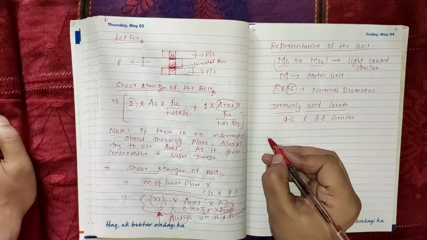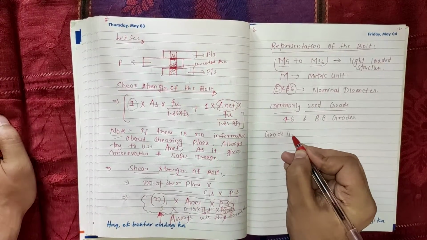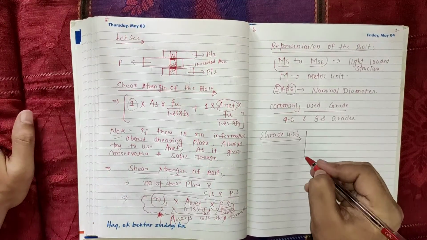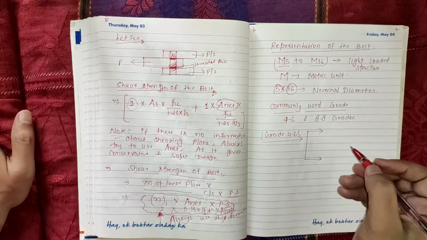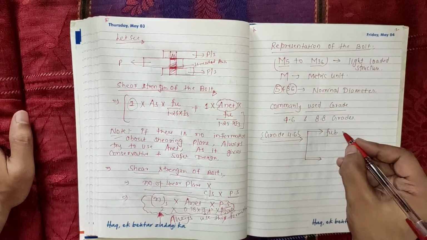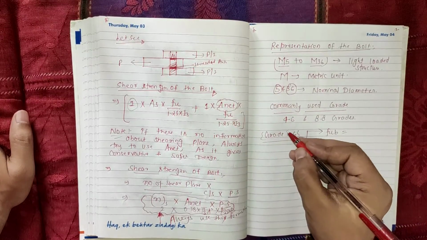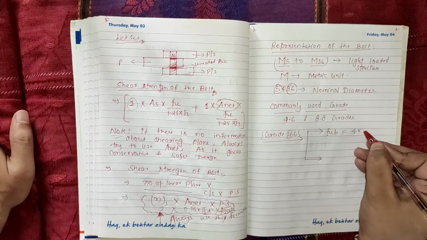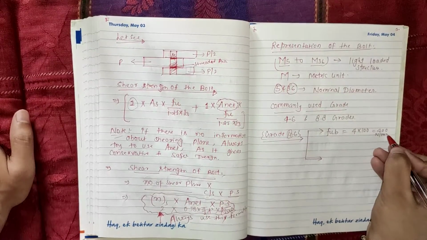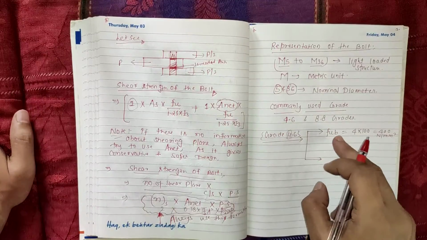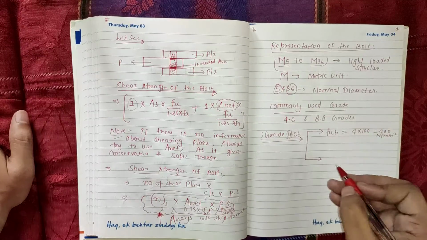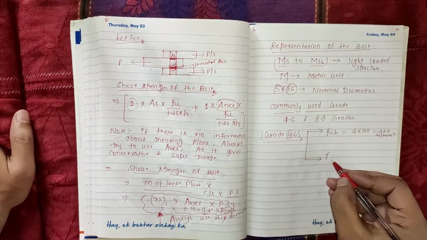Clear? So what is the meaning of grade 4.6? Grade 4.6 means this is the FUB, the ultimate strength of the bolt. If the first digit is 4, we multiply 4 by 100, this is 400 Newton per mm square. This is the ultimate strength of the bolt of grade 4.6. Then the second one is the yield strength of the bolt.